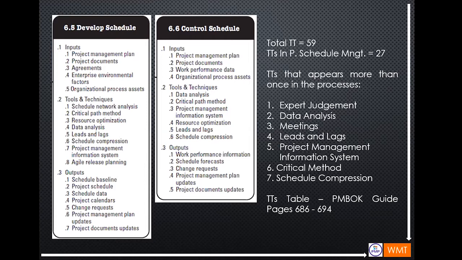The tools and techniques that appear more than once are expert judgment, data analysis, meetings, leads and lags, project management information system, critical path method, and schedule compression. If you want to read further on these tools and techniques tables, you can go to the PMBOK guide pages 686 to 694.